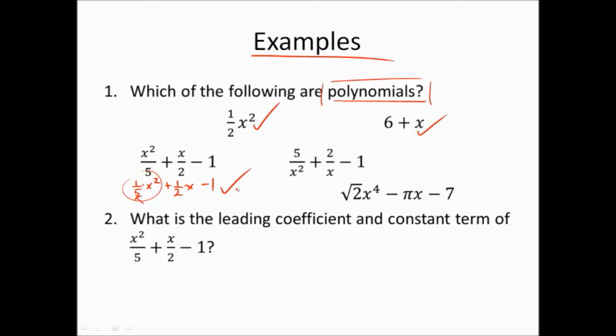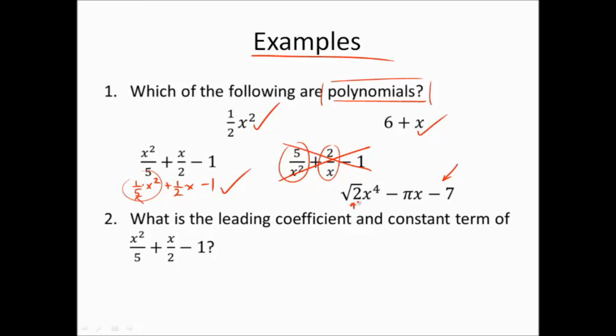Check. This one here, let's take a look. This is actually 5 divided by x, divided by x. So, this one is not a polynomial because these terms are not products of numbers and variables. And let's check out the last one here.